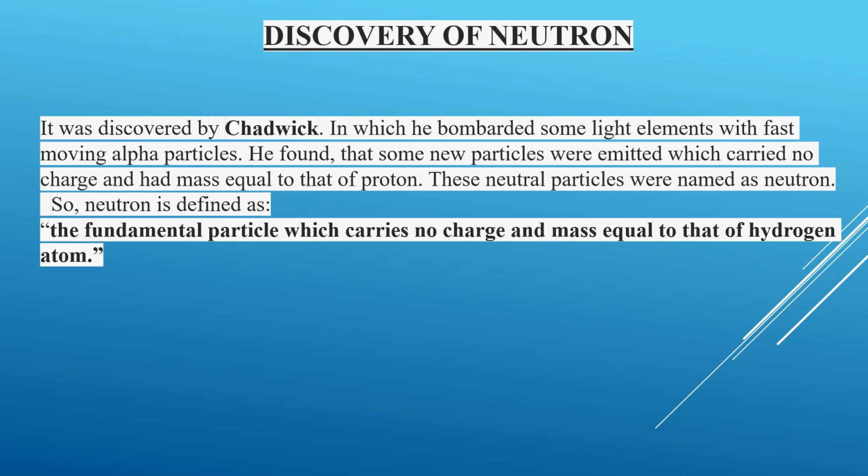Both electrons and protons carry a charge of 1.6 x 10^-19 coulombs. The only difference is that electrons carry negative charge and protons carry positive charge. The magnitude of both the charges is the same. So with this, we have covered the discovery of electrons, protons and neutrons.